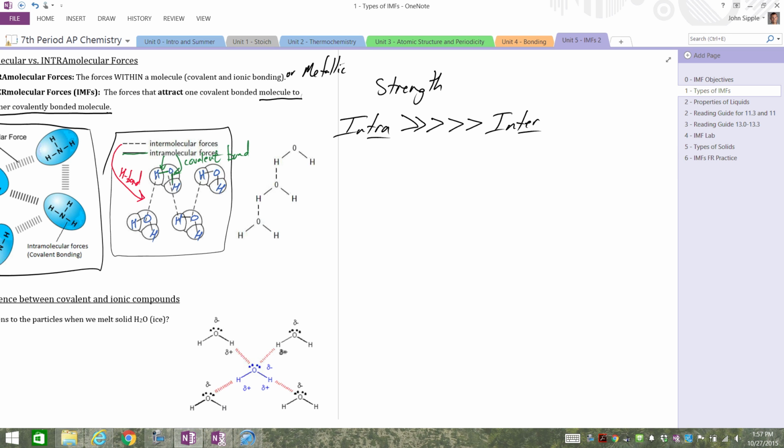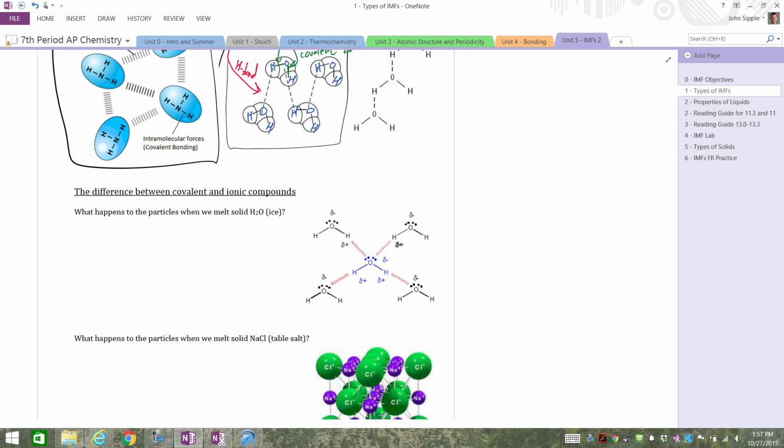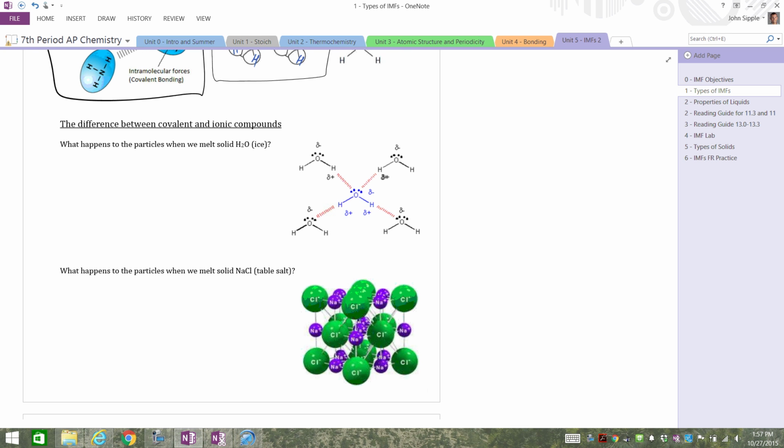So, for example, down here at the bottom, we've got a couple of questions for you. What happens to the particles when we melt ice? What happens to the particles when ice starts to melt? They're spreading out.